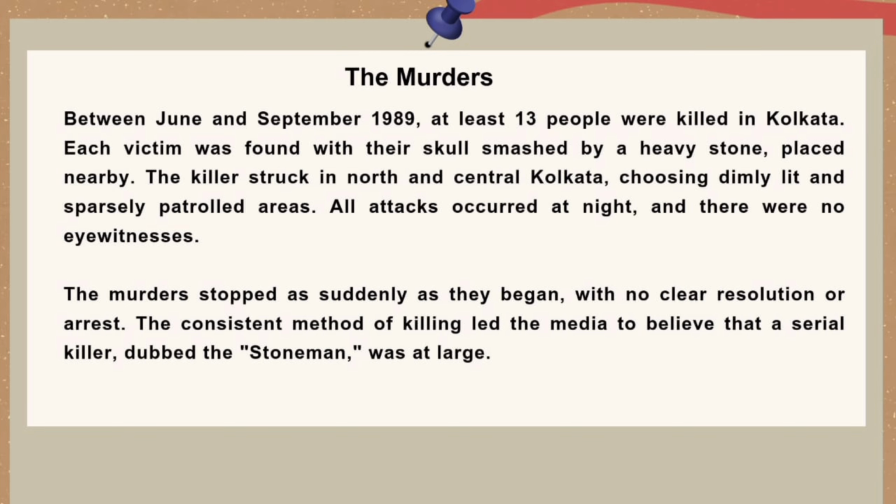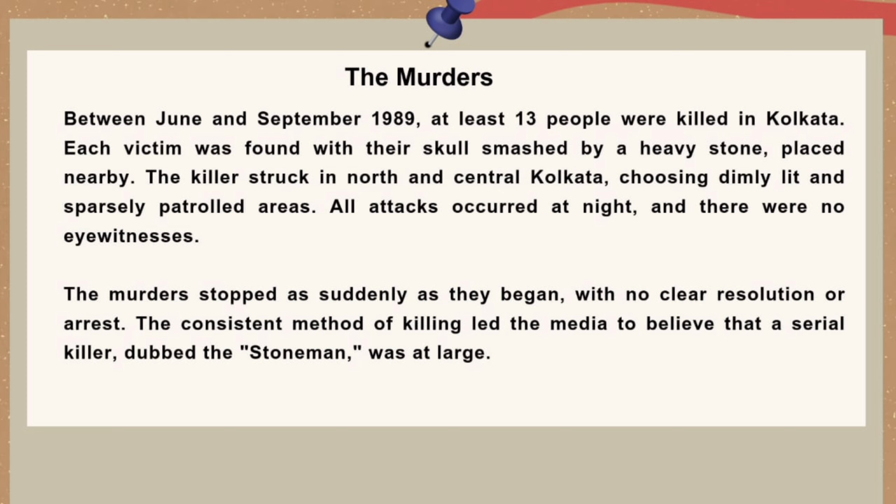The next slide is about the murders. The murders happened between June and September in 1989. At least 13 people were killed in Kolkata, and each victim was found with their skull smashed by a heavy stone placed nearby.